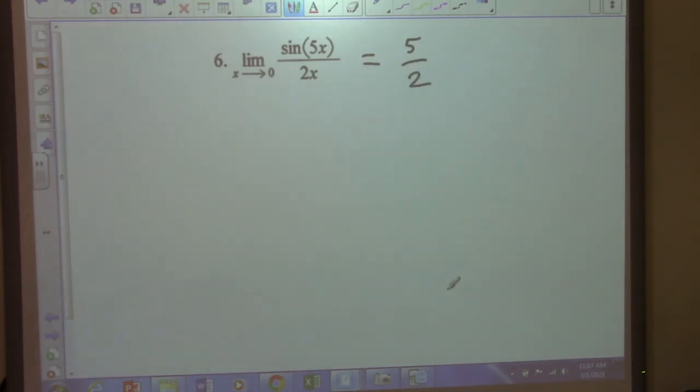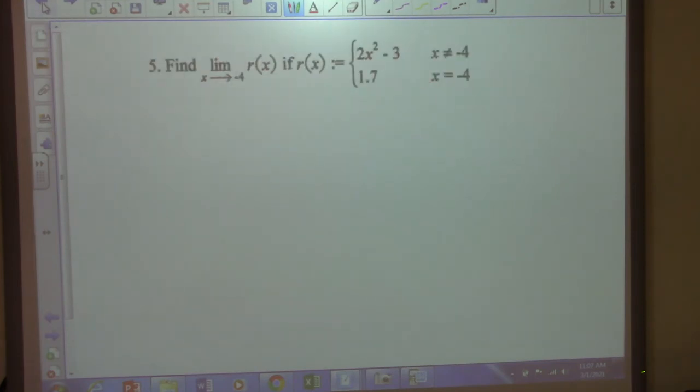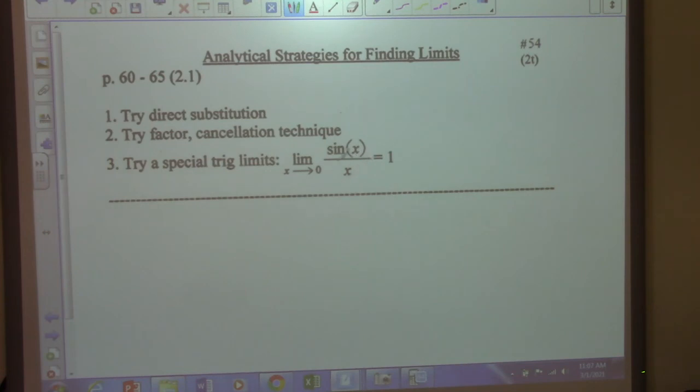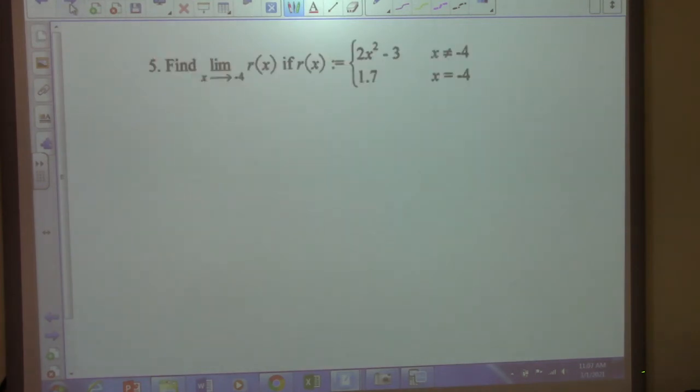It has to do with this formula, and the reason he's uncertain is that the example doesn't look much like the formula, but that's where you get 5 over 2.